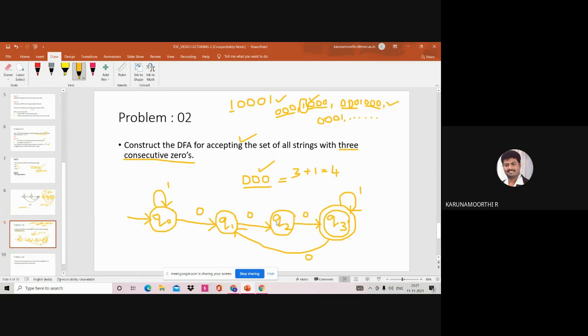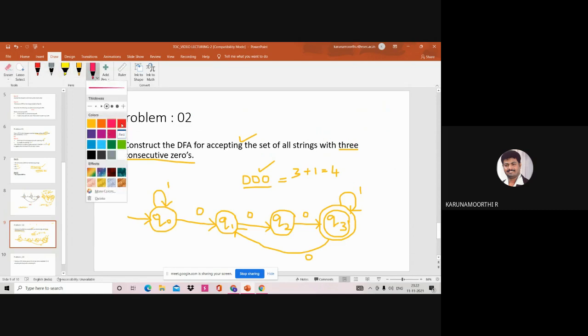So in this case, according to the formal definition of my DFA, what is a capital Q in this diagram? What is a capital Q? So capital Q, totally 4 states, right?